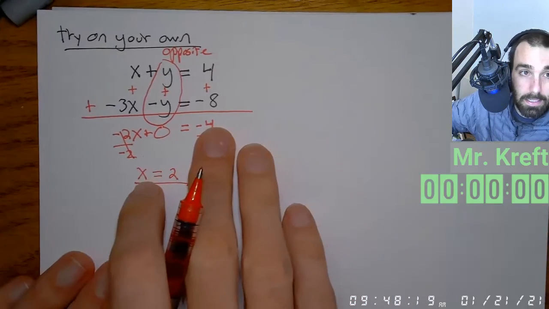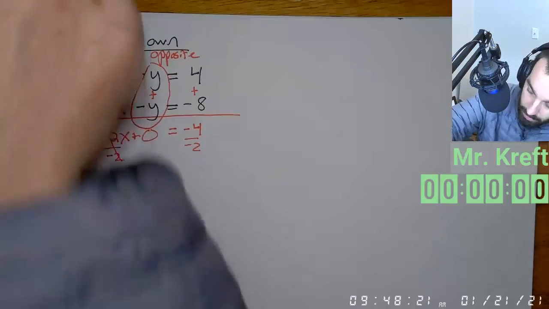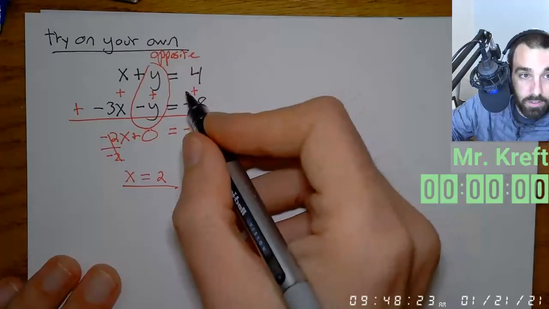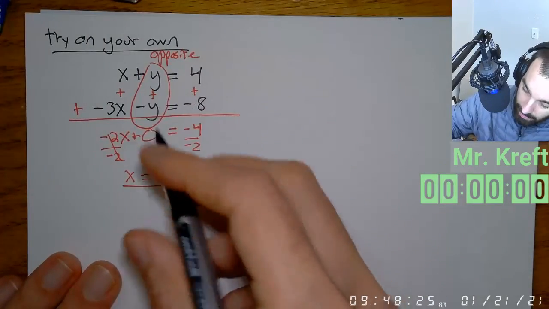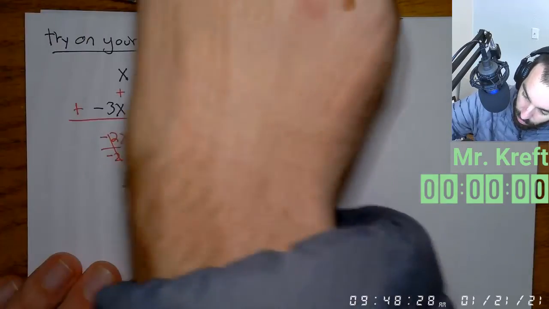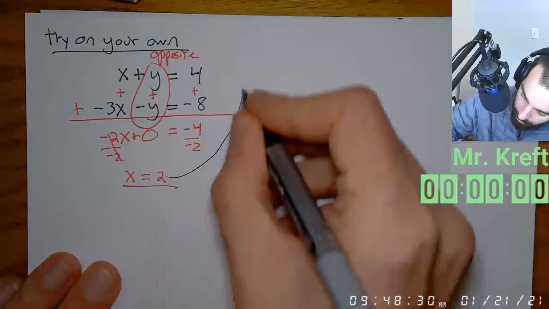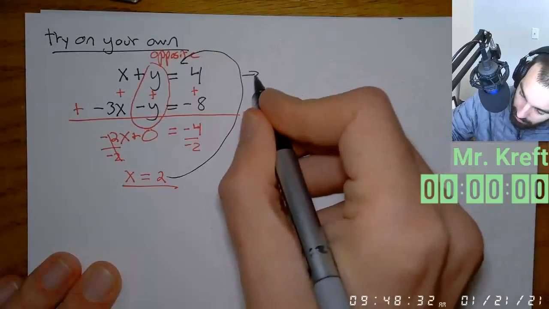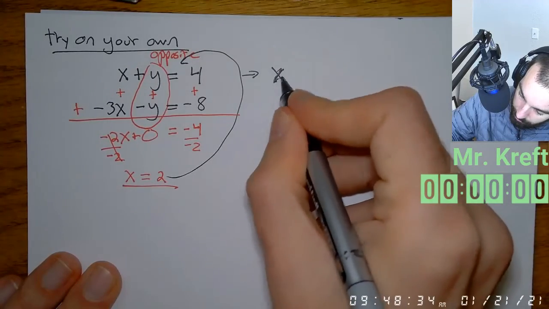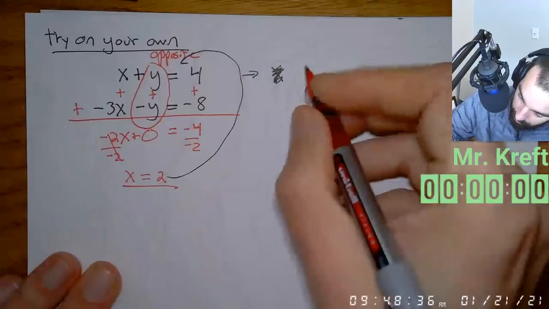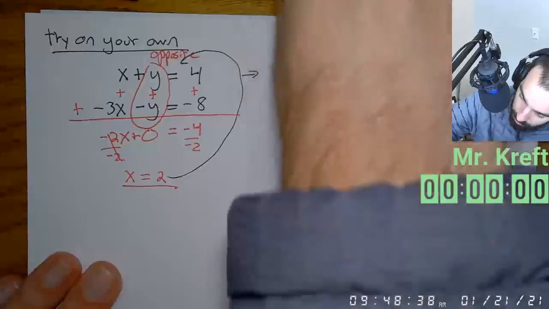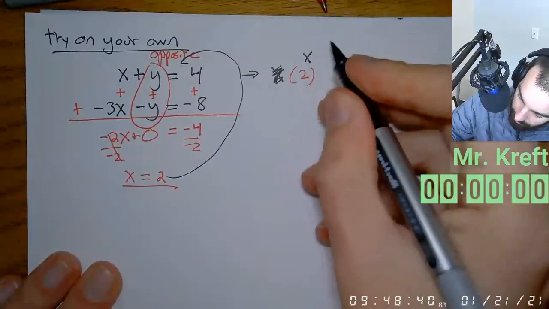Okay. Then what we're going to do here is we're going to have to plug this back into one of them. So I'm going to go ahead and plug this into the top. Okay. So what do I get? I get x. Oops. That is my x, right? So I got my x is 2, right? This used to be my x.